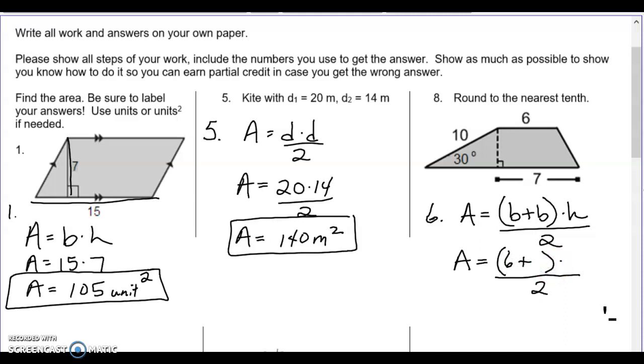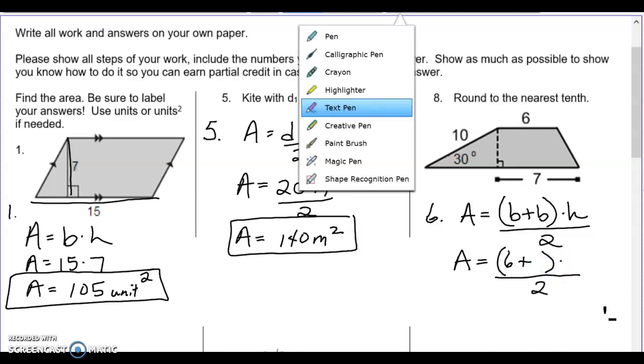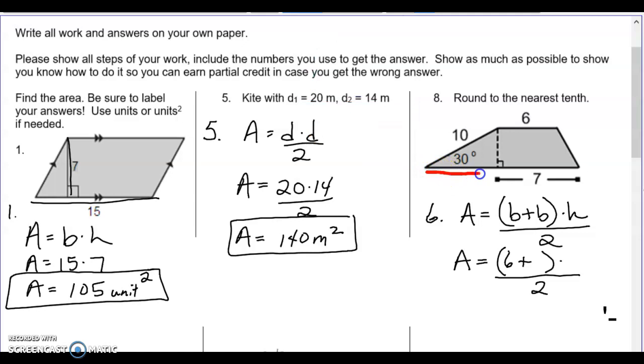All right, so when I take a look at the other base, I know part of the base is 7, but I do need to know this side right here, so I don't know that. So I need to find that. I do need to find the height. The height would be this piece right here. Okay. Now in this example, we have a 30, 60, 90 triangle.